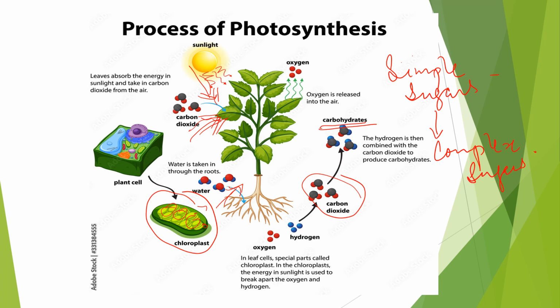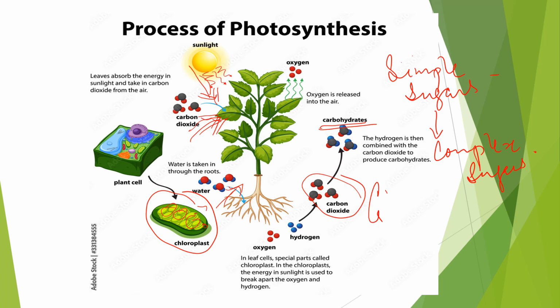And the glucose and fructose formed as a result of photosynthesis are sent to different parts of the plant for their nutrition.